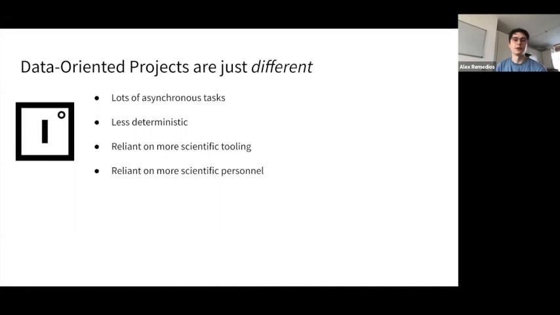So it's highly asynchronous. The next thing is that it's less deterministic, meaning that traditional testing methods just don't work so well. You run an algorithm twice, you get two different results. They're both okay. And the last thing you want is to be overly specific about what something should return.